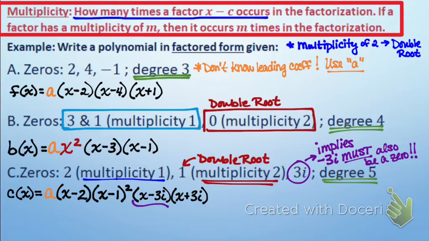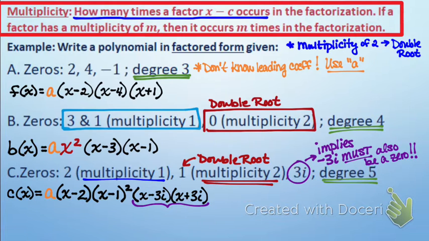Now, I want to talk about these guys for a minute here. When I see a polynomial written out in factored form, have you ever seen something like that show up in factored form? No, and normally things with imaginary roots, if I asked you to factor it, you would say this does not factor. Doesn't mean I can't find the zeros, but it does not factor.